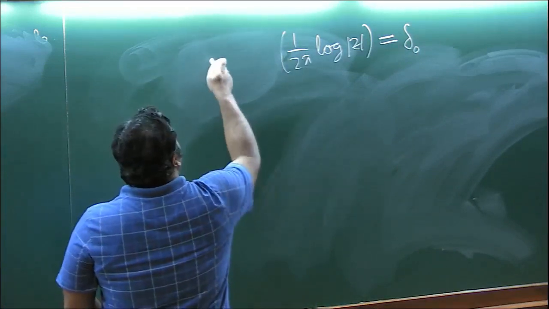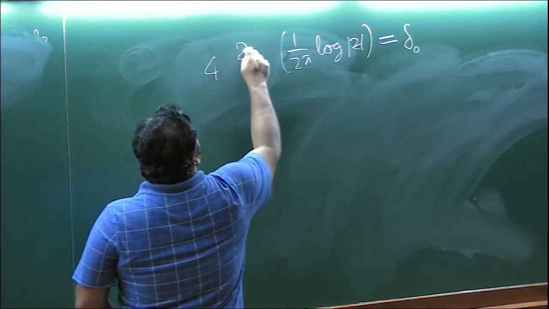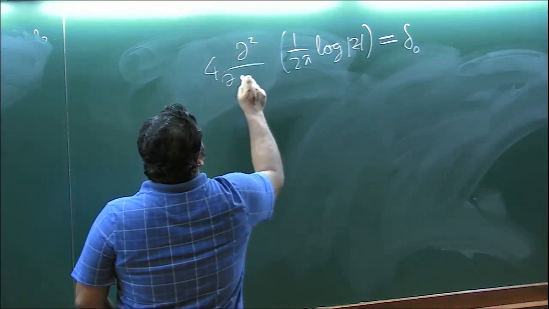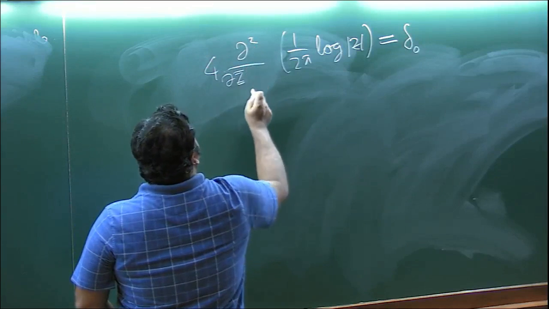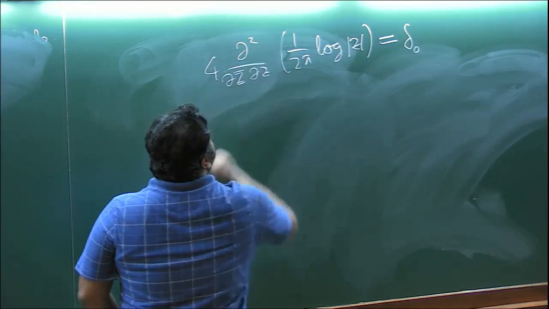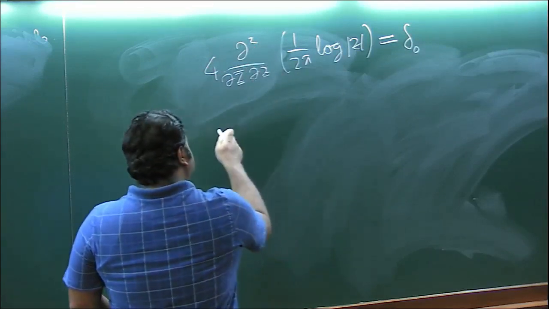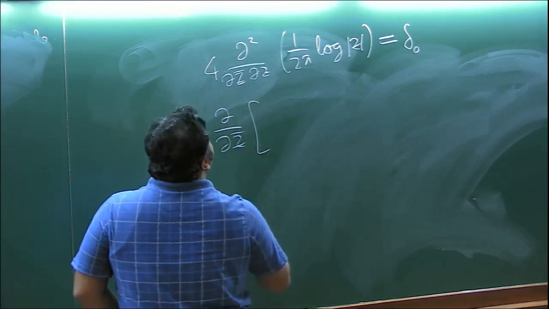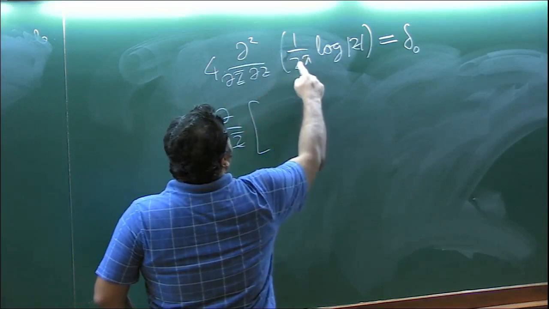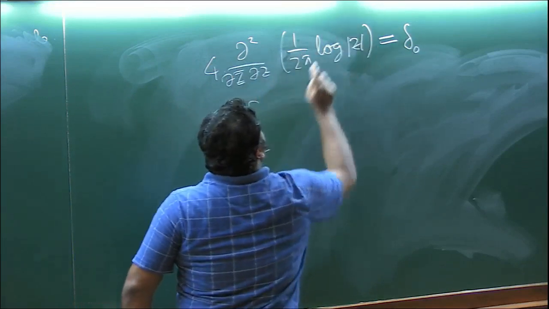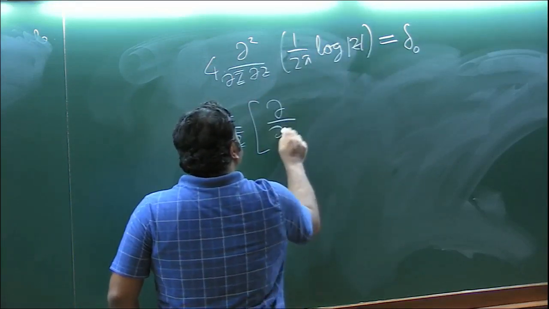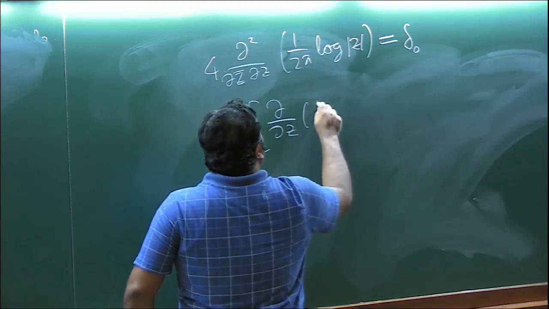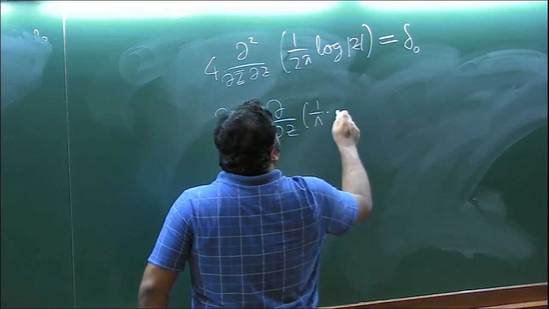This is a d-bar operator. This is 4 times d square, I shall have to write it in this order, dz bar dz. Okay? So I can read this equation as d over dz bar of, so I'll pull the 4 inside, so that will become 2 and the 2 will become a power here, d over dz of 1 over pi log z bar.